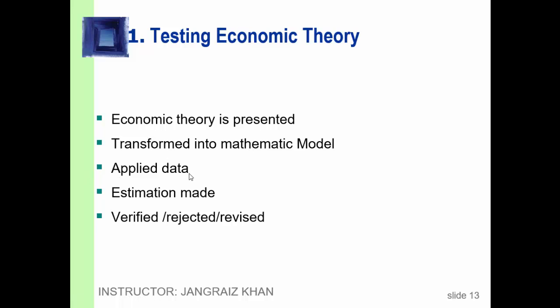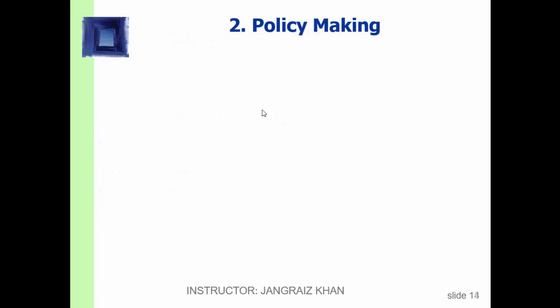With the help of this data, the estimation is made, the values of the betas, B0 and B1, are computed, and then the theory is verified if the data supports the model, or rejected if the data doesn't support it, and sometimes the theory is revised. So we can say that the first and most important goal of econometrics is to test the economic theory.